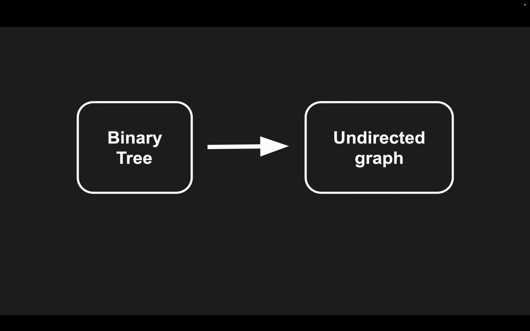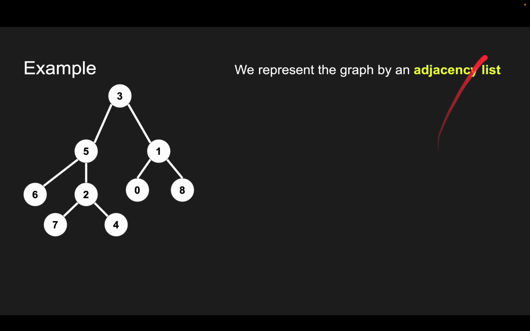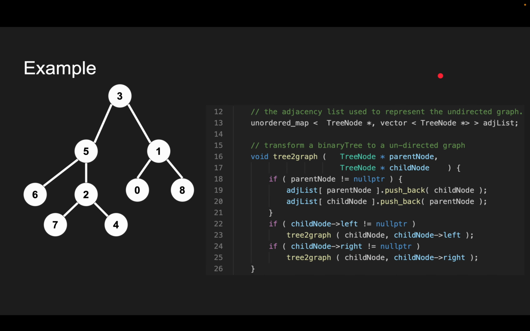In this case, we are going to represent the graph by an adjacency list. So this is a simple code to transform a binary tree into an undirected graph.